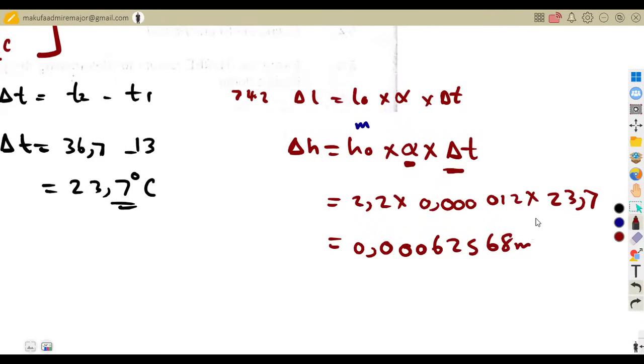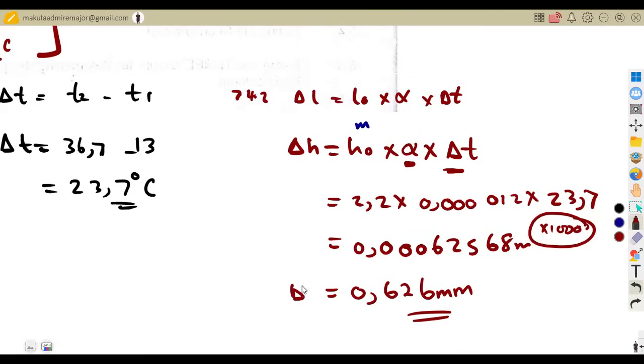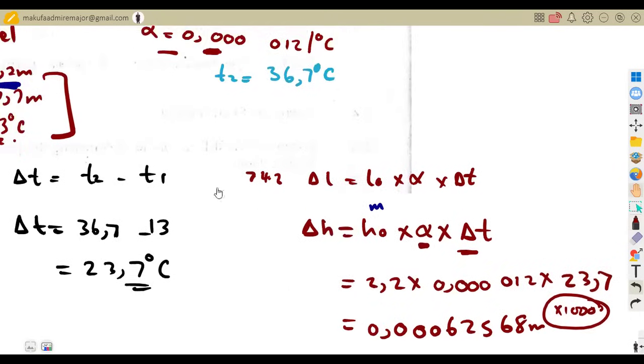To convert to millimeters, you simply multiply by 1,000. Remember, 1 meter is 1,000 millimeters. So if you multiply by 1,000, it will be 0.626 millimeters. This is the change in height, in millimeters. Okay?